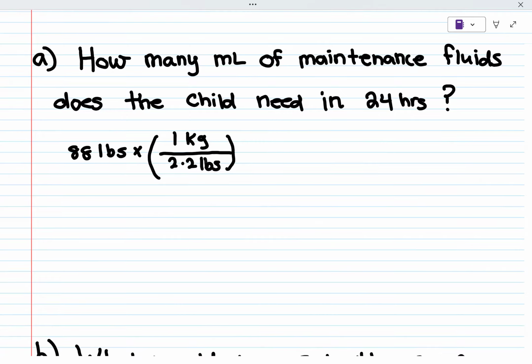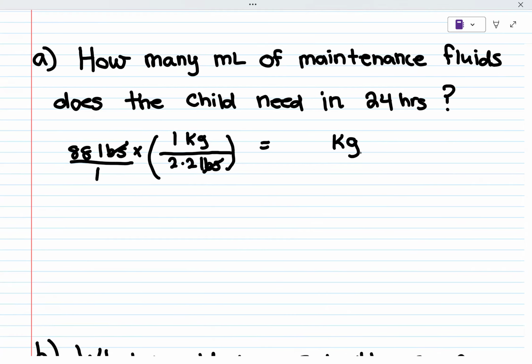I'm pretty much doing the method called dimensional analysis, and this has an invisible one. If you recall, when you multiply fractions, you multiply across. As you can see, the units of pounds disappear, and you're left with kilograms on the top.